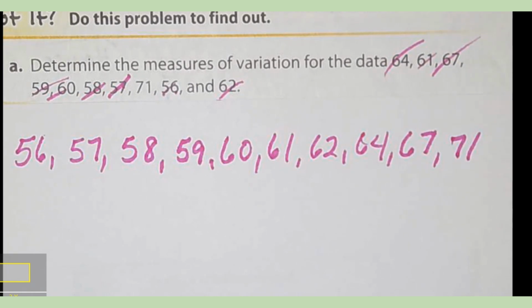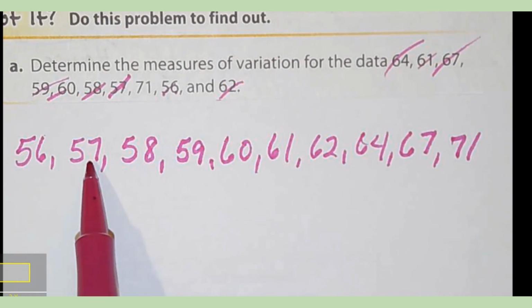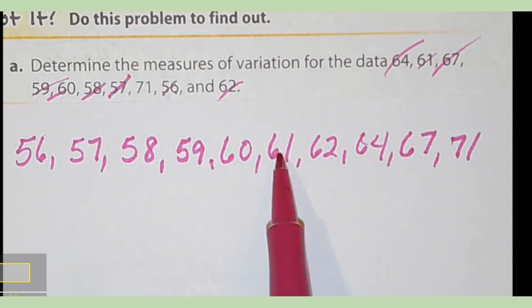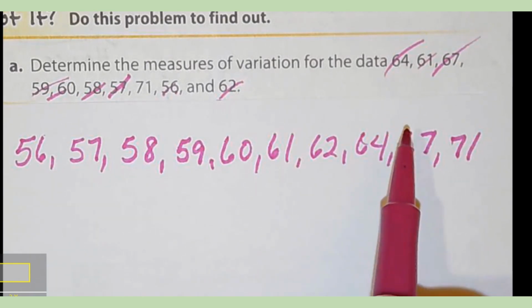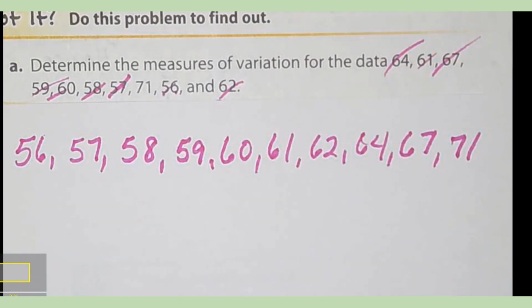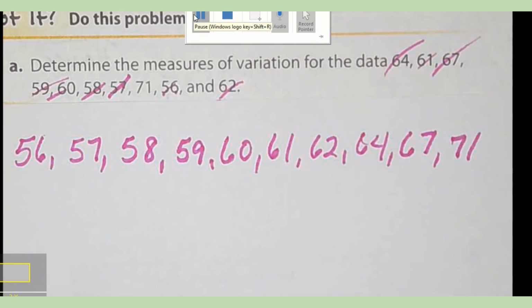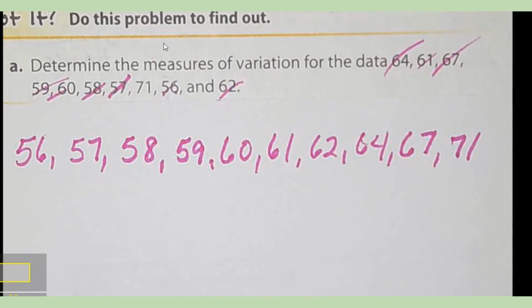What's that going to look like? Well, let's see. So it's going to be, first of all, we find our median. Okay, students, the first thing we want to do is find the median. So if we have 10, it's the two numbers that should be in between.